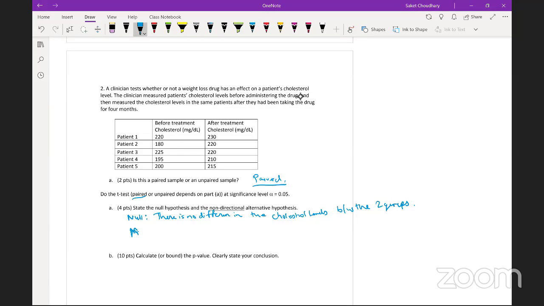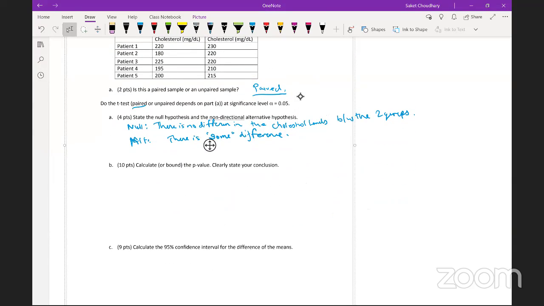And the alternate is that there is some difference. We're going to bound the p-values. So in order to calculate the p-value, we are going to do a t-test.